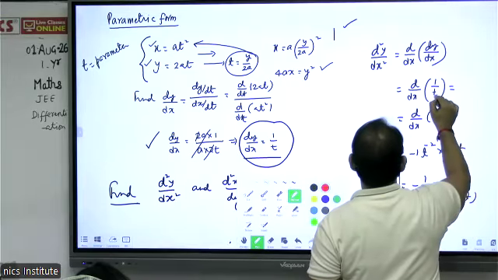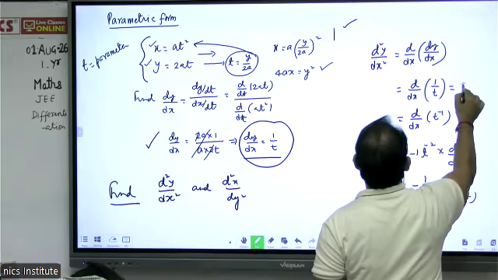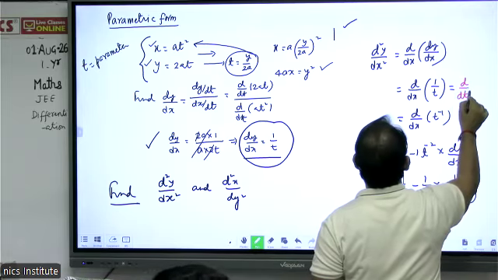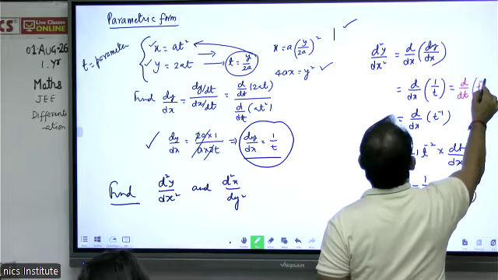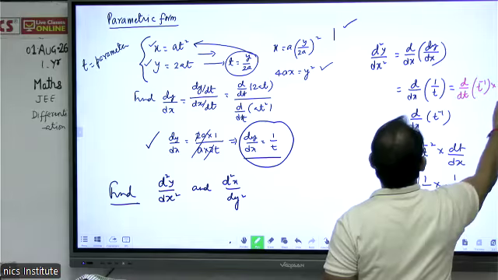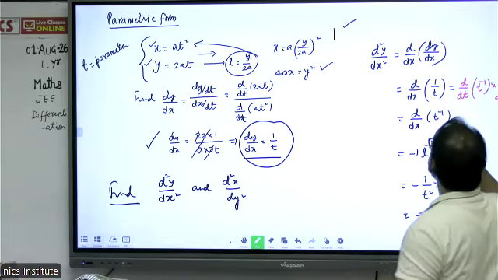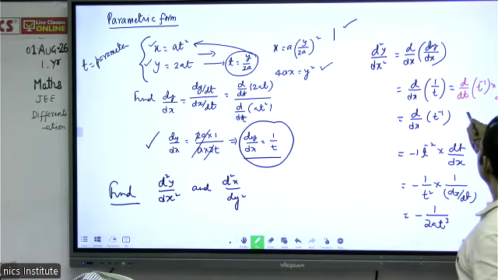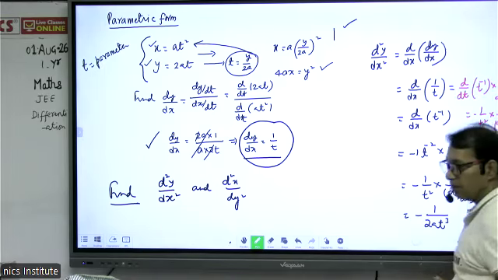Yet this is t, so I'll make it t also. What I do is I multiply by dt in the numerator and denominator, and I shift dx this side. The same thing. So derivative of this would be minus 1 by t square, and this is 1 over dx by dt, which is 2at. Answer will be the same.